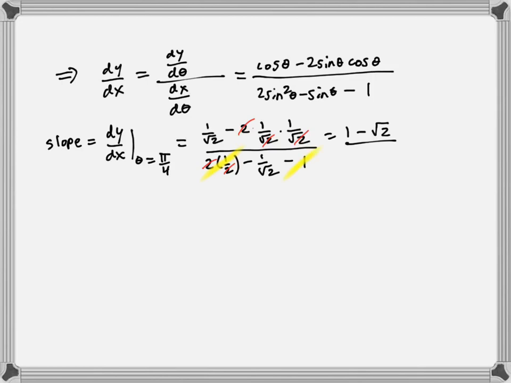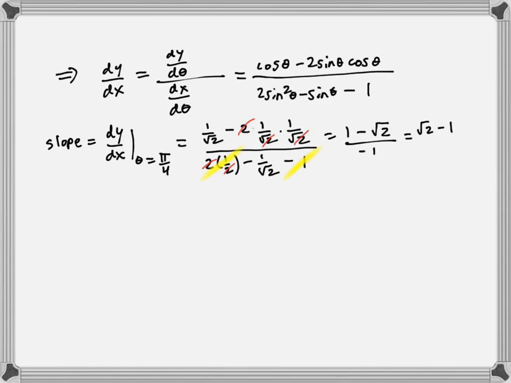So we're left with that, which is actually root 2 minus 1. Okay, so this is what I get for the derivative. So root 2 minus 1, this is our slope when theta is pi over 4.